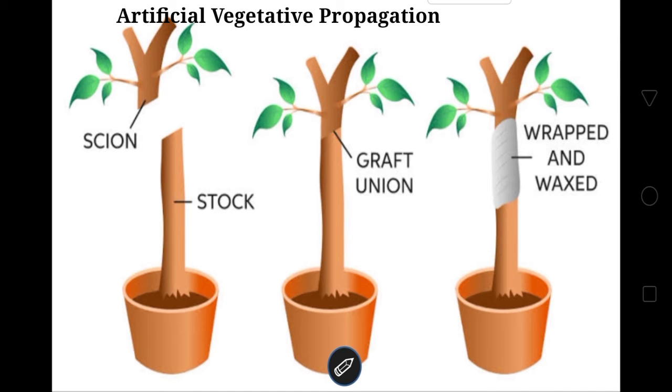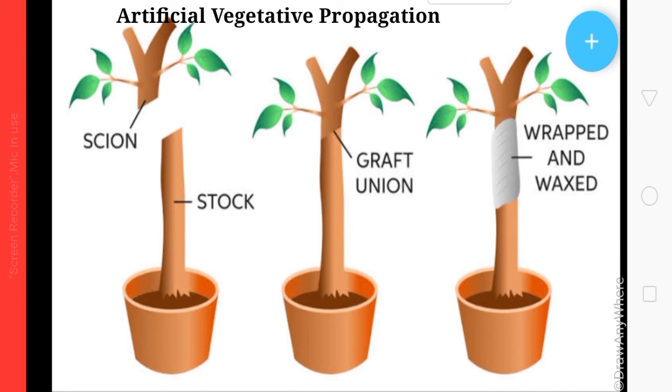Let's take an example of a mango plant. For example, we want a mango with very good flavor and scent, and we also need the plant to be short. So we will take one mango plant which is not growing very tall, a dwarf one, the short mango plant.